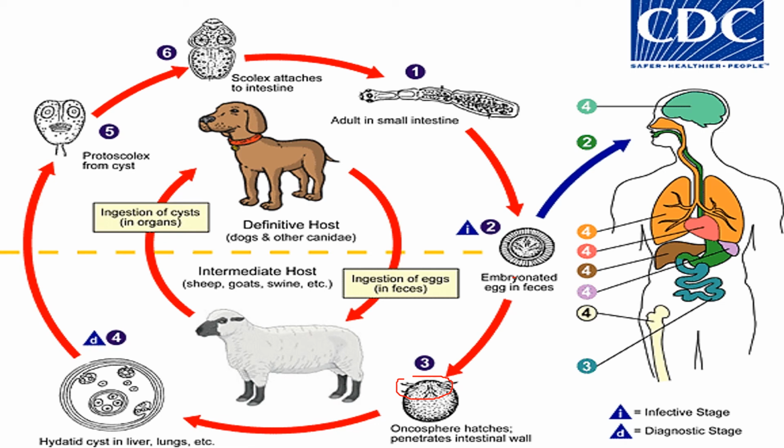If we humans ingest the eggs, what will happen to us? We become the intermediate host. We acquire the infection by ingestion of food contaminated with dog feces. The eggs transform to larvae, the hydatid cyst, in the duodenum, and the oncosphere is released by the rupture of the embryophore and penetrates the intestinal wall.